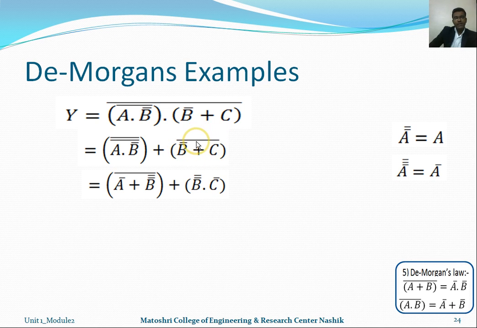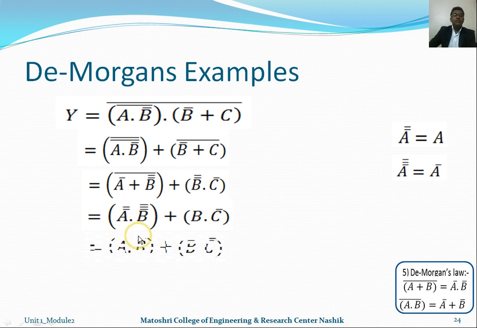We break the whole complement and change the logical functionality between B and C. Here the OR is available, and here it changes to AND. This whole complement of the first bracket is again broken, and we change the functionality from OR to AND between A and B. The B double complement is nothing but B, and C single complement stays as it is.